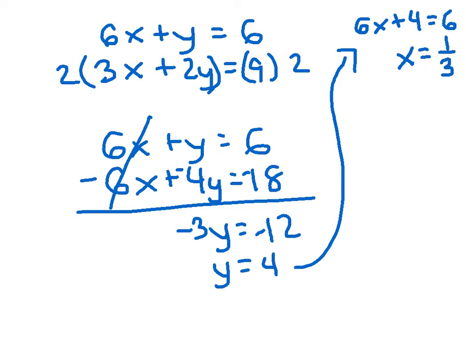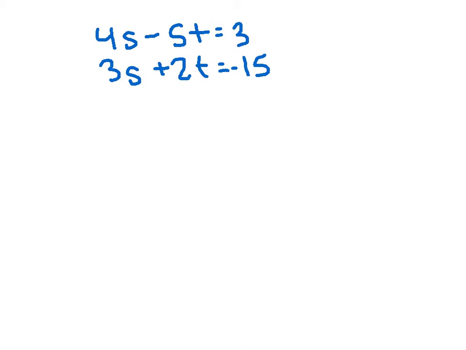So in this situation, we only had to multiply one of the equations to get a similar term. Now let's do one where we have to multiply both equations by a term. Okay, we have 4s minus 5t equals 3, and 3s plus 2t equals negative 15. So in this situation, I'm going to find a similar term for the t coefficients.